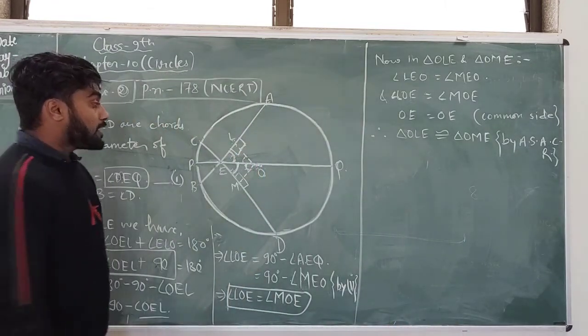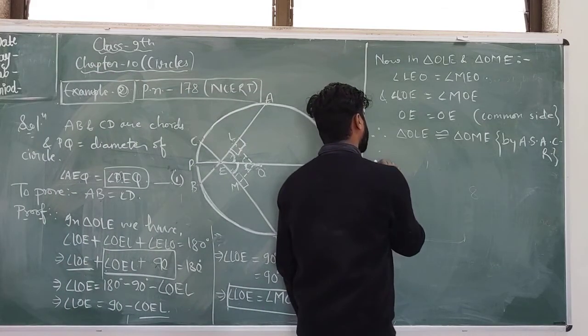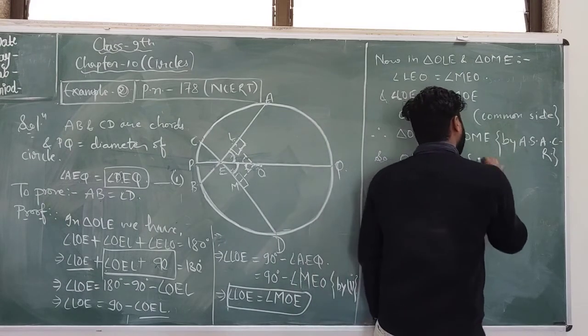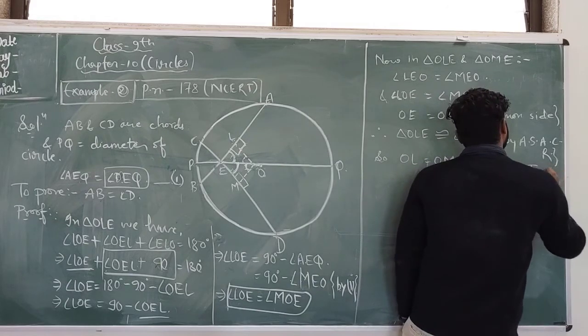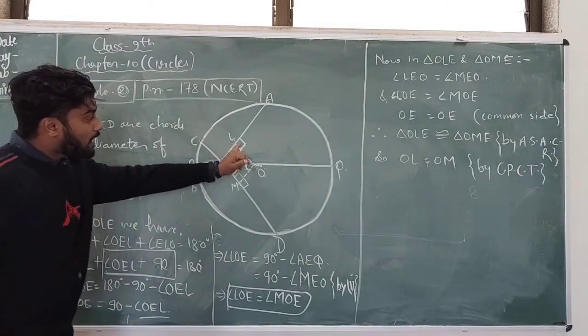So similarly, we can say that OL is equal to OM by CPCT, corresponding parts of congruent triangles. So OL is equal to OM. You can see here this OL is equal to OM.